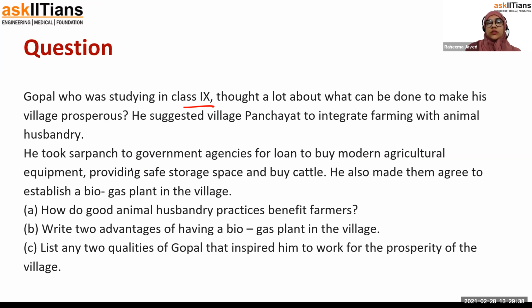So, here are the questions. The first is, how do good animal husbandry practices benefit farmers? Write two advantages of having a biogas plant in the village. List any two qualities of Gopal that inspired him to work for the prosperity of the village. The answers we are going to write here.